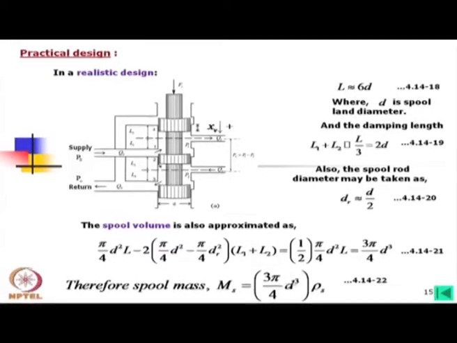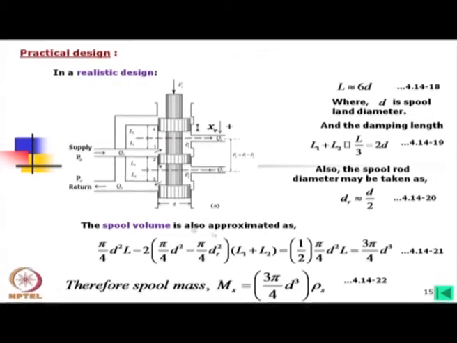Therefore, the mass of this spool can be taken as spool volume into rho S, which is the density of the spool material. Subscript S means it is for the spool material.